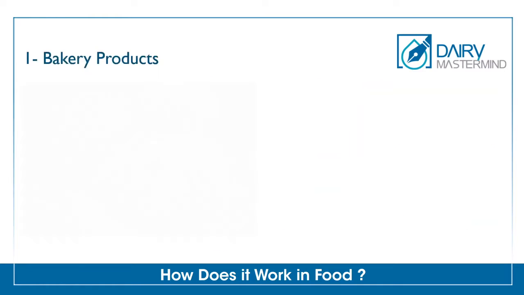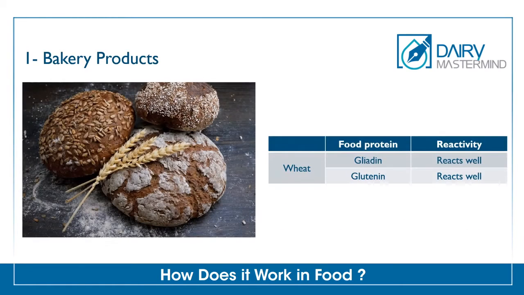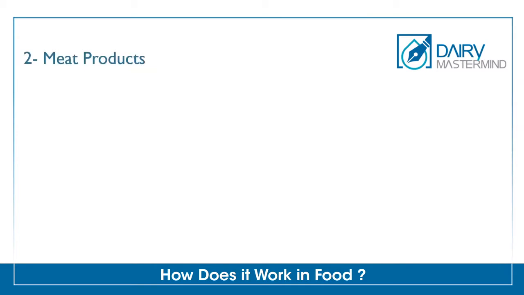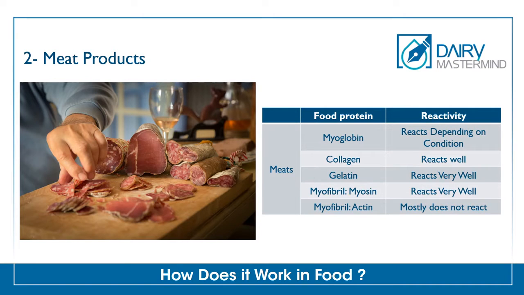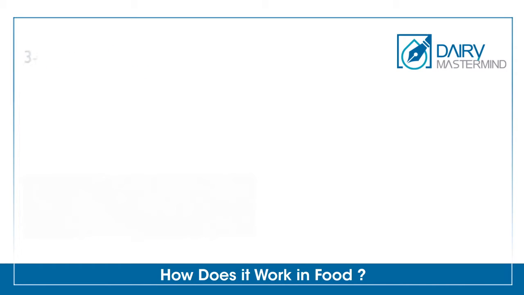Number 1. Bakery products. Among the constituent proteins in bakery products, gliadin and glutenin can react well with TG enzyme. Number 2. Meat products. In meat products, among the constituent proteins, gelatin and myosin react very well, and collagen reacts well with TG enzyme. Number 3.